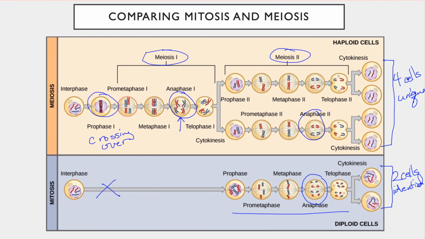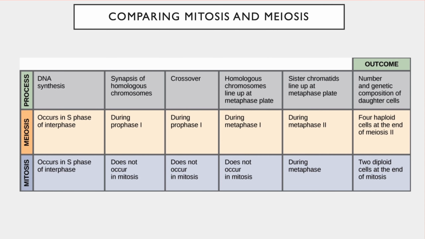This can be better formulated in a table that is seen in your textbook, where we're looking at comparing both processes. How does DNA synthesis work? Synapsis, the process of actually crossing over, lining up on the metaphase plate, and then the sister chromatids lining up on the metaphase plate. Both of these, the outcome is after the anaphase of that particular major stage.